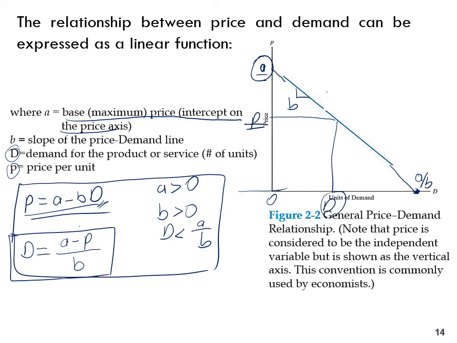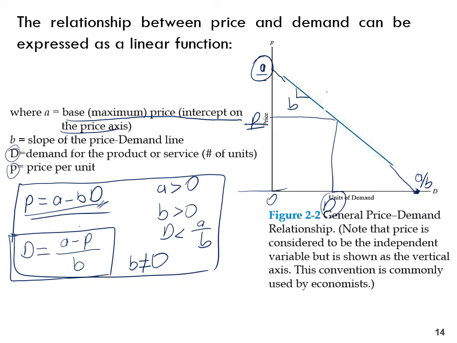But again, in this equation, what happens if B is 0? If B is 0, mathematically this is undefined. 0 cannot be in the denominator. So we need to add another condition here, which says that B, which is the slope of the curve, cannot be 0.